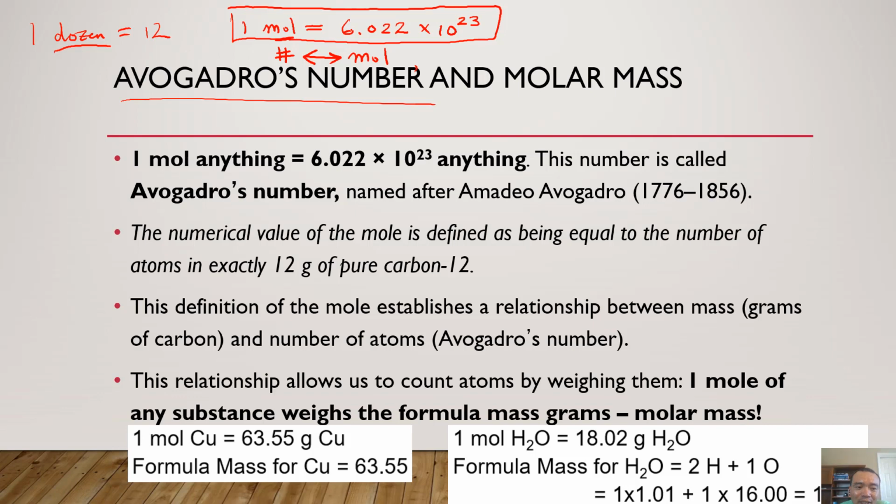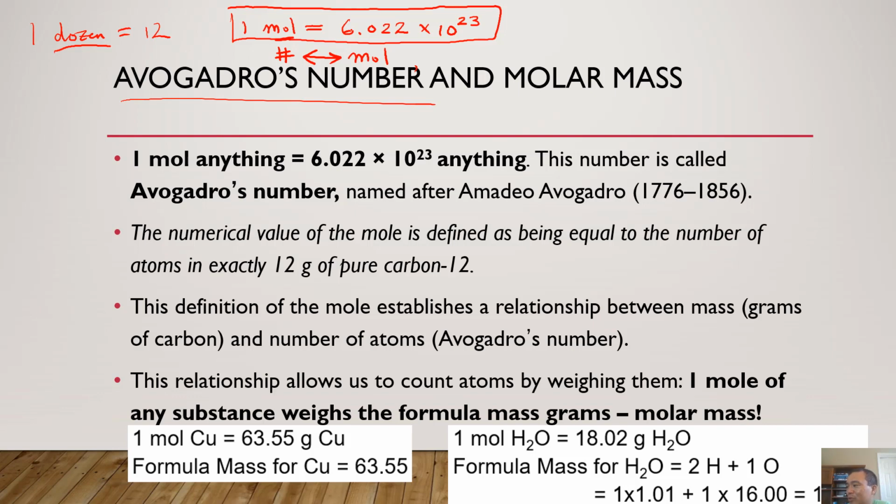You use the same numerical relationship. Just like if you want to convert inch to centimeter, you use 1 inch is 2.54 centimeter. You want to convert centimeter to inch, you still use the same numerical relationship.